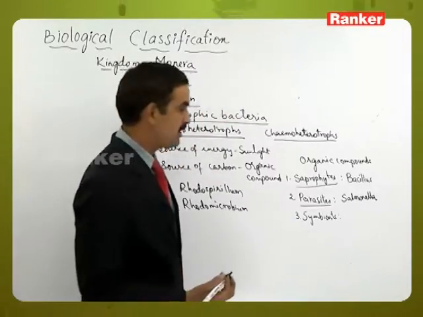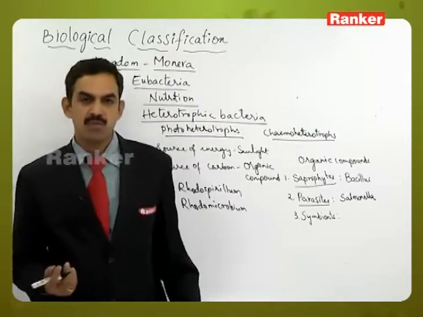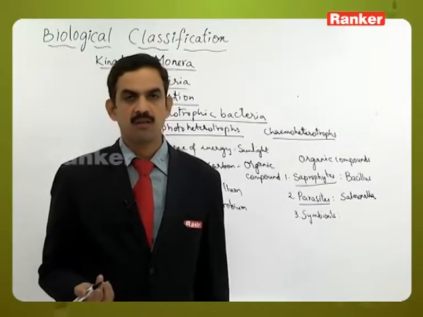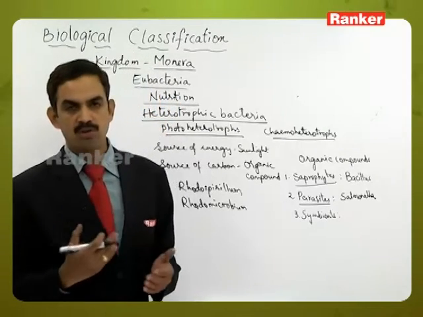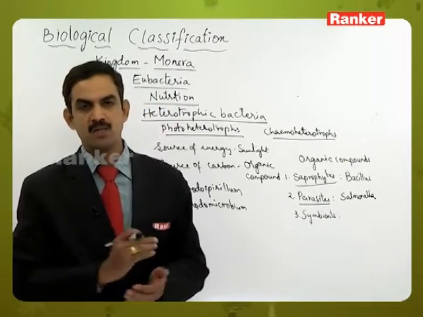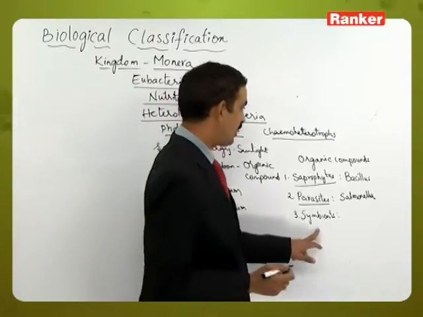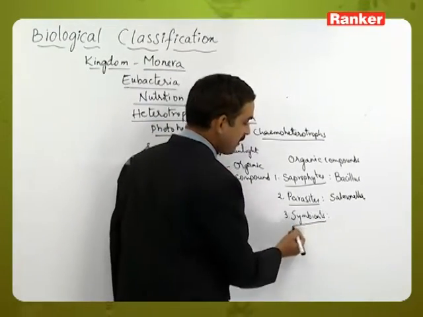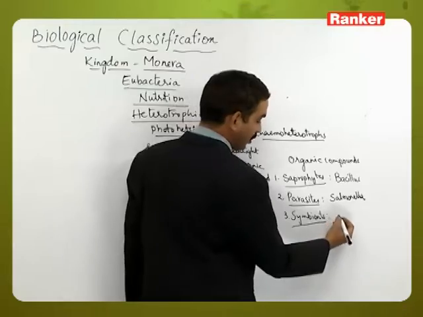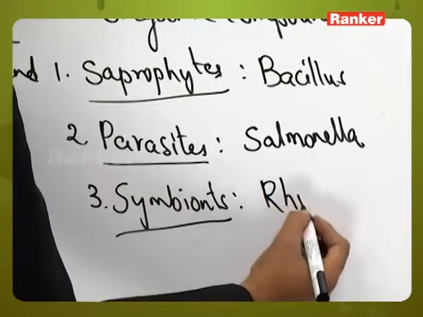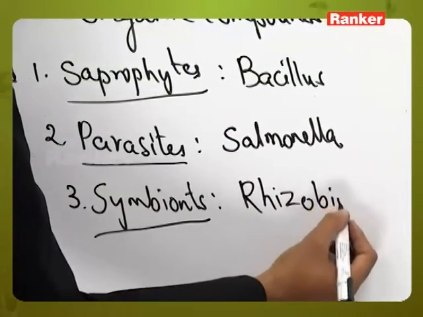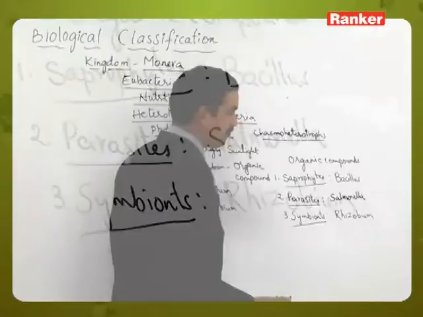Symbionts are the ones which show a mutually beneficial association where both the host and the dependent are benefited by this association. So this type of nutrition is called symbiotic nutrition, and the organisms are called symbionts. The best example for this is the Rhizobium bacterium.